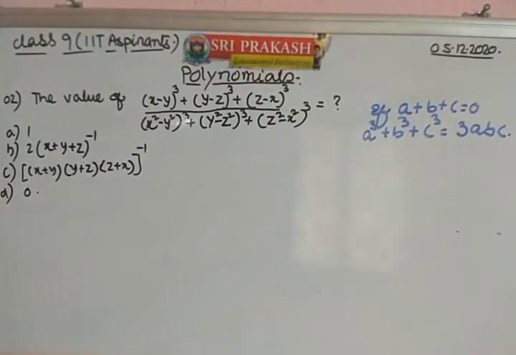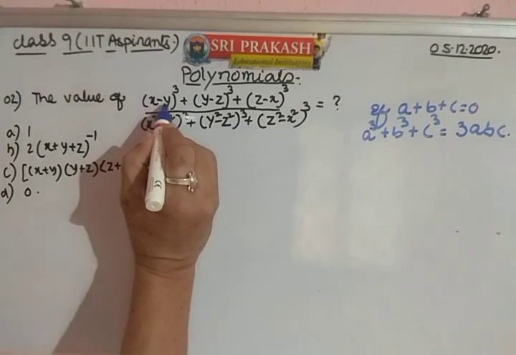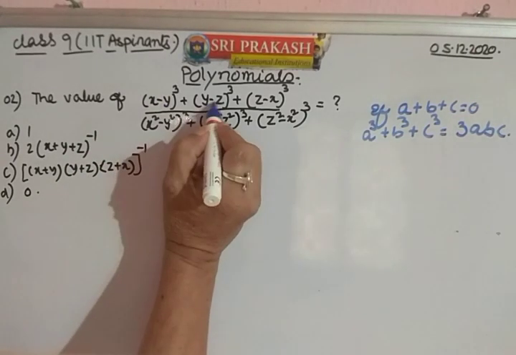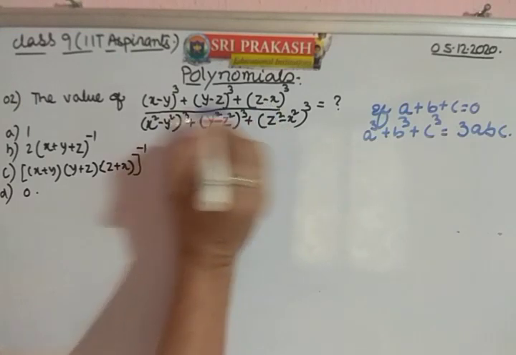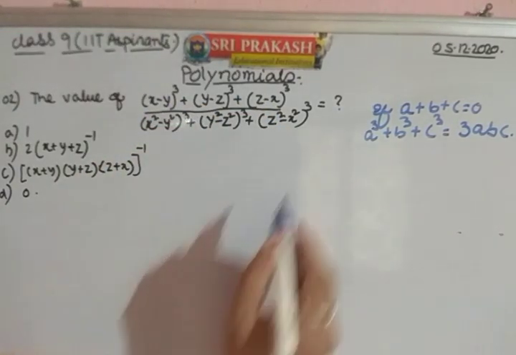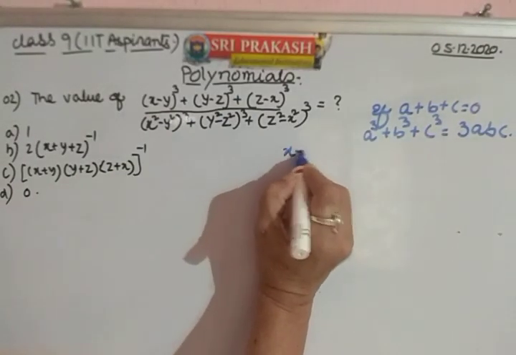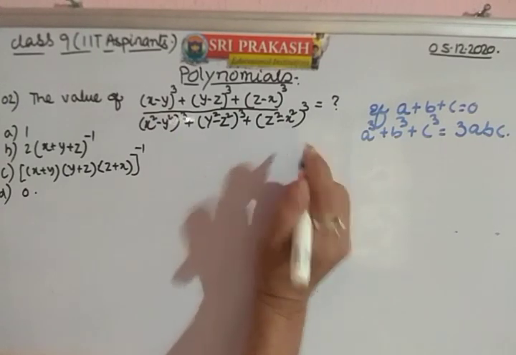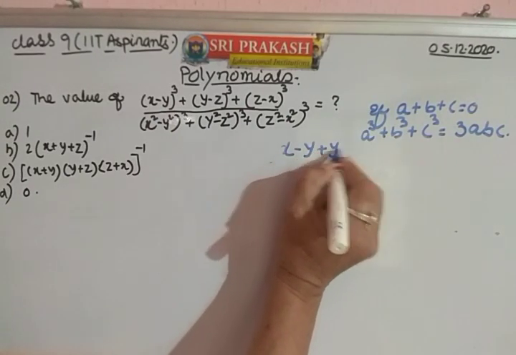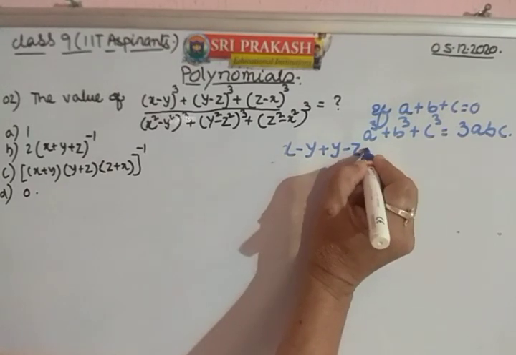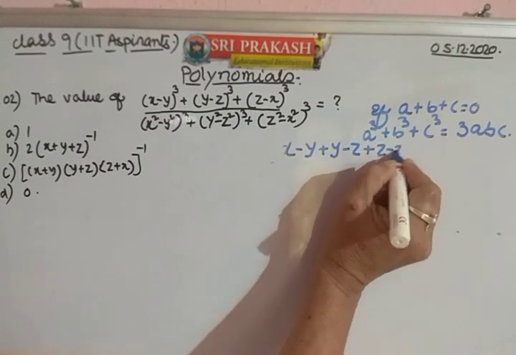Now let us check the numerator. Let x minus y be a, y minus z be b, z minus x be c. So if you add these three, then what happens? x minus y plus y minus z plus z minus x.